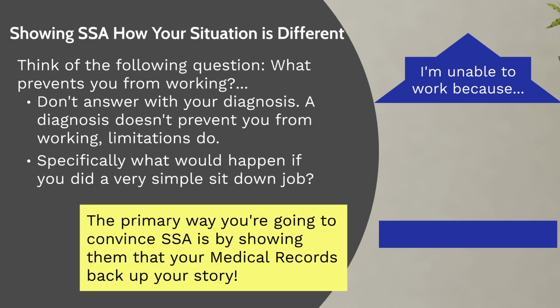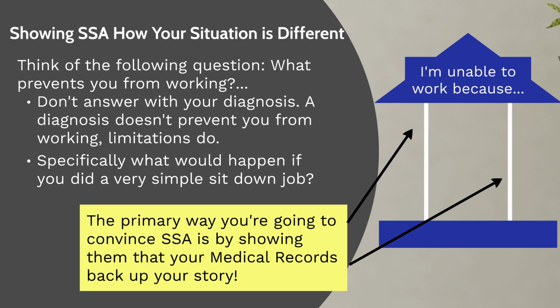The primary support that you're going to give for your explanation about why you can't work is the medical record. So when you go to a doctor and you talk about the problems with your hands, you're adding support to that claim of having hand problems.